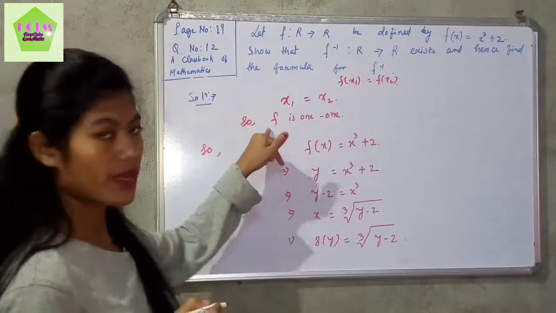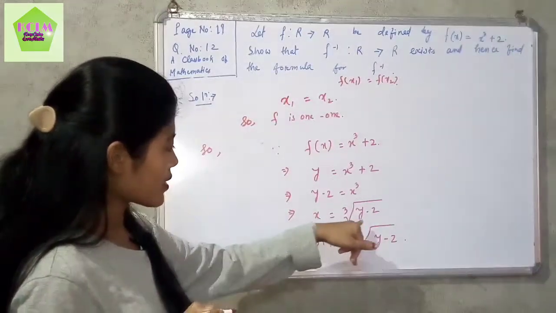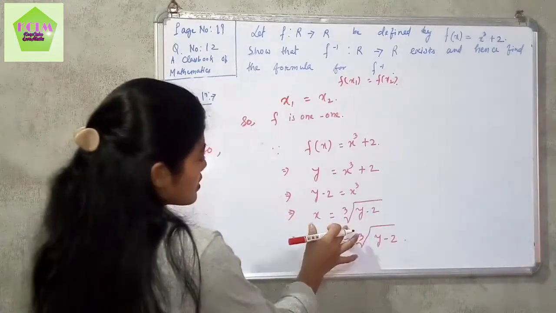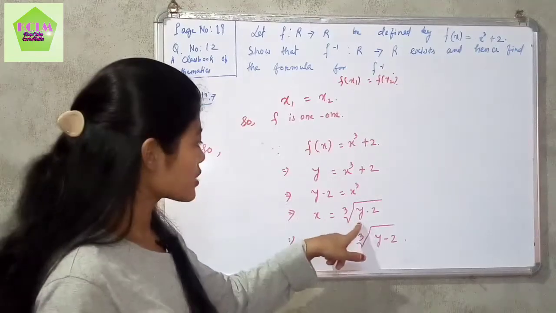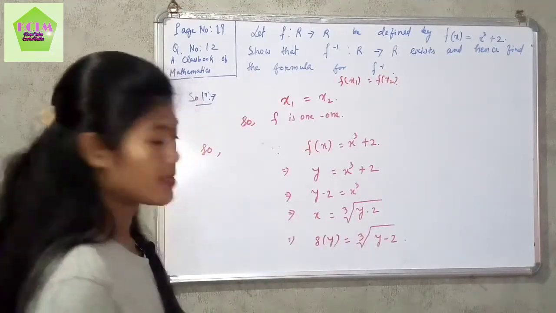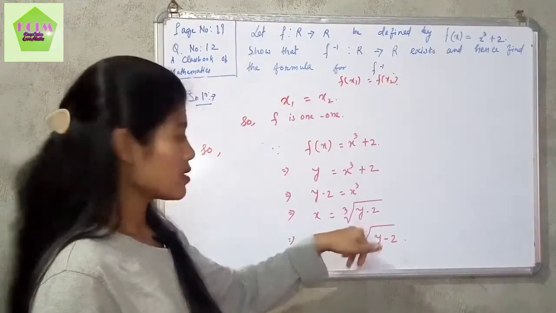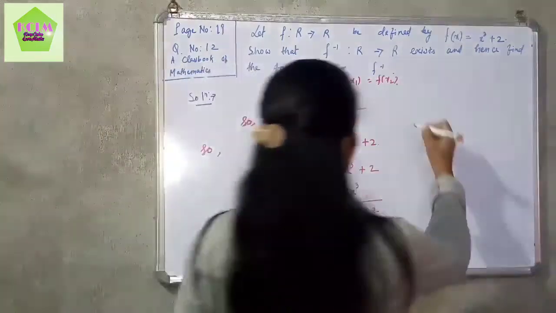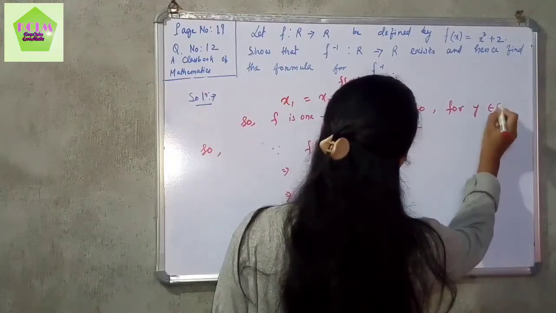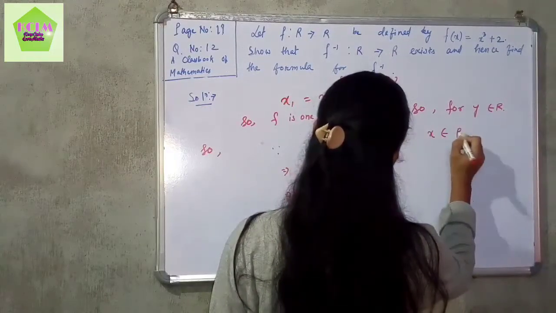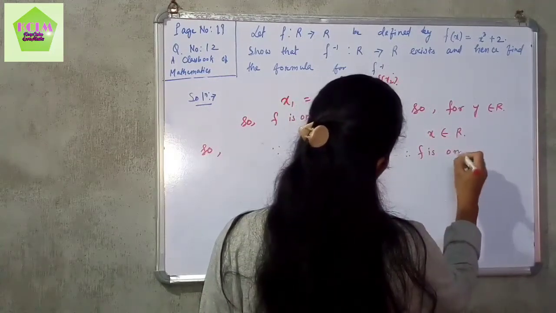Now we have found that f is one-one. But since we have got x equal to the cube root of y minus 2, we can see that for any y belongs to real numbers, we get x belongs to real numbers. So for y belongs to R, x belongs to R. That means f is onto also.